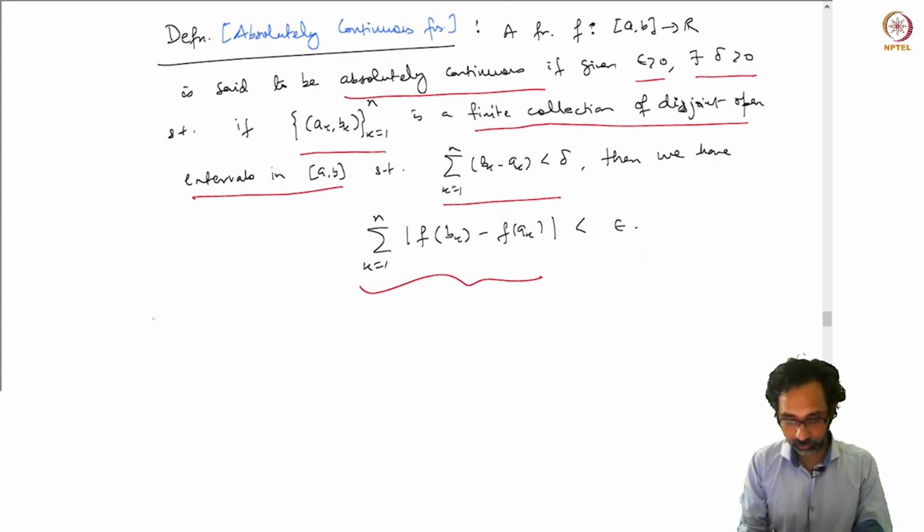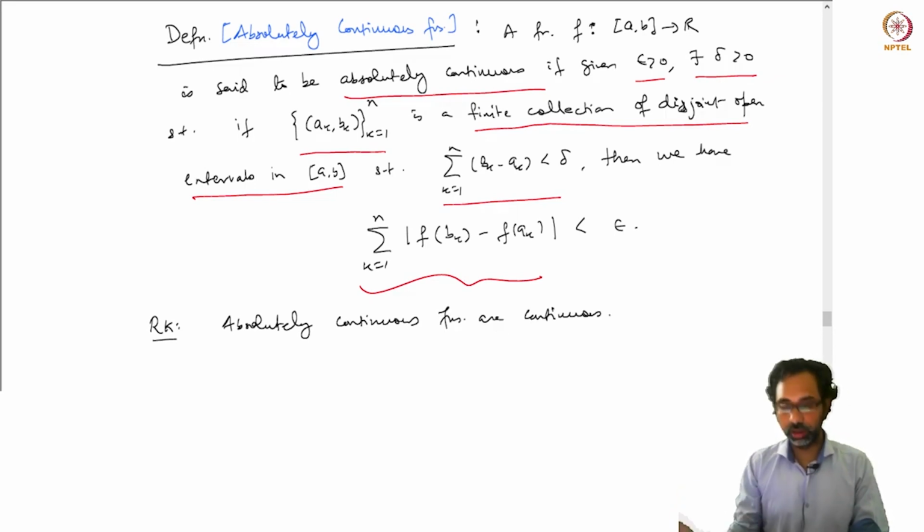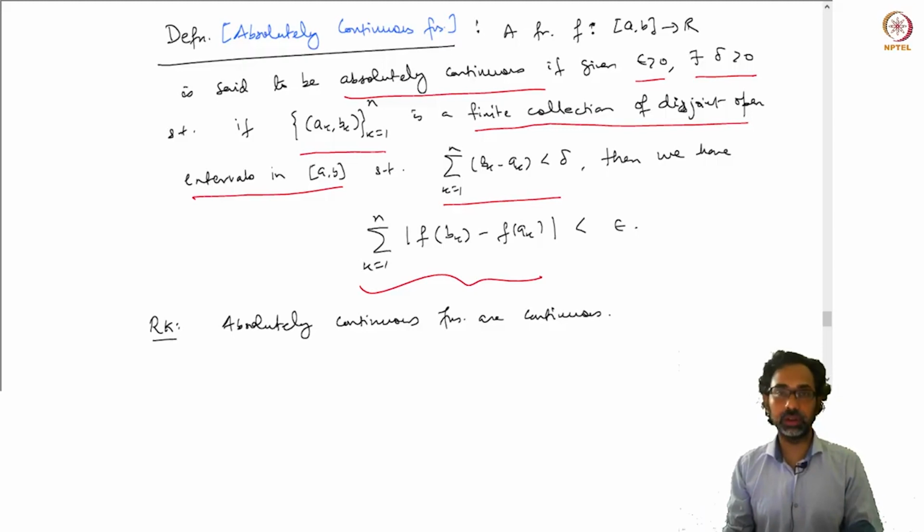Now note that absolutely continuous functions are continuous and in fact uniformly continuous on [a,b], and the point is that for absolutely continuous functions, the analog of the second fundamental theorem of calculus holds for the Lebesgue integral.